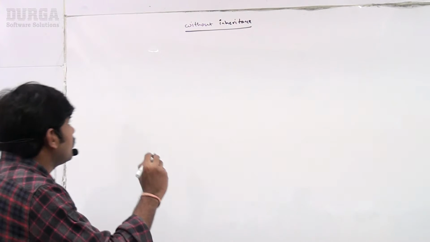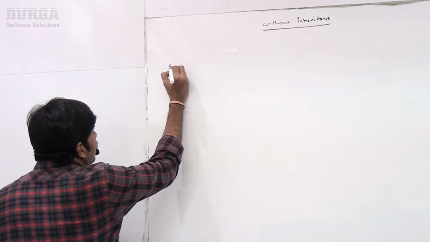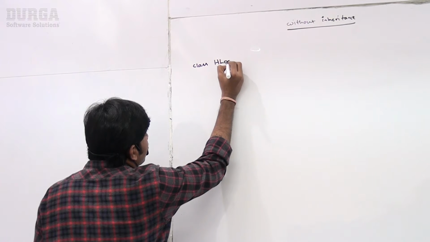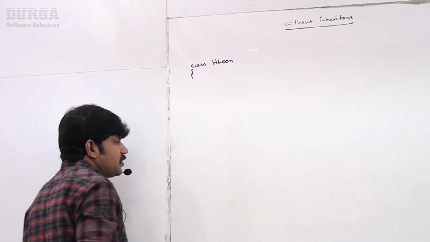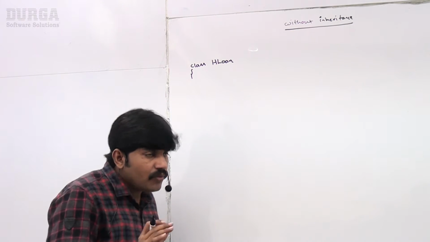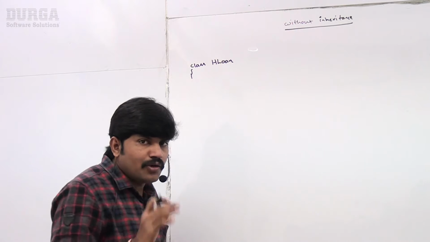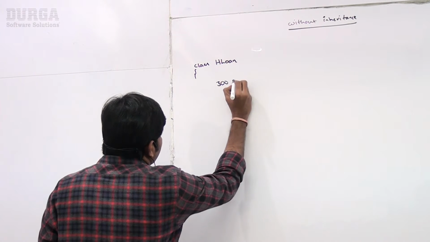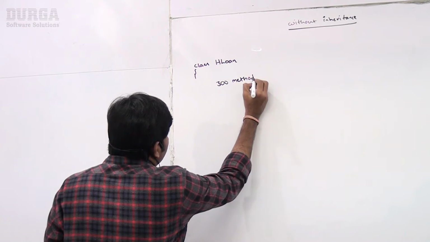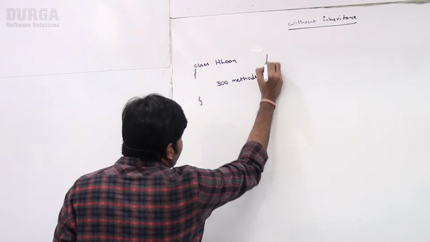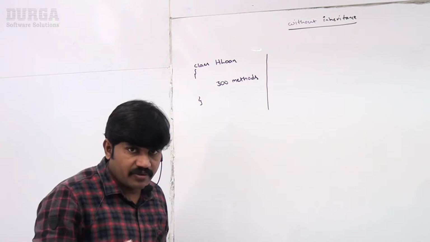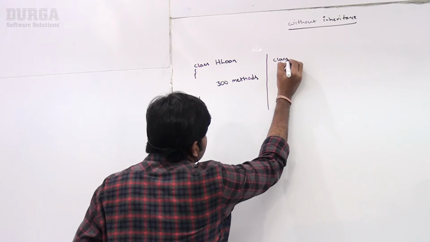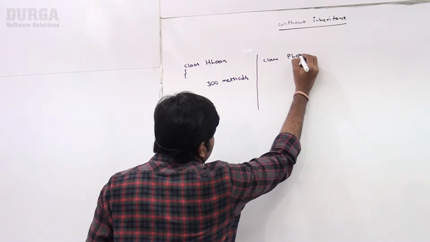Now observe that I'm taking here class HousingLoan, sir. Assume that it is a home loan or housing loan. Sir, now this housing loan has 300 related methods, sir. Okay. Similarly, class PersonalLoan I'm taking.